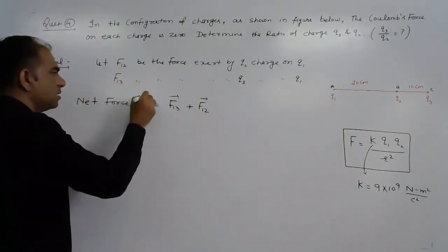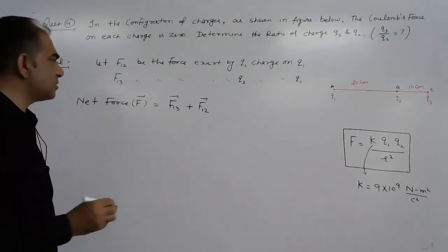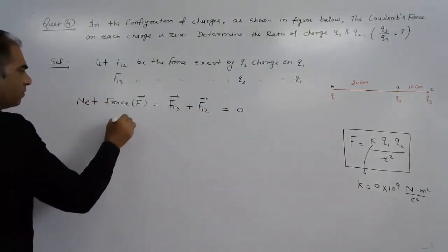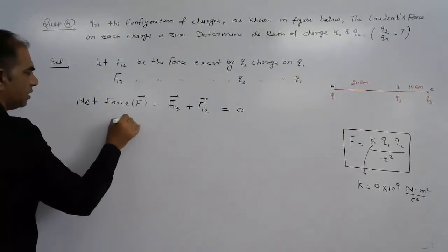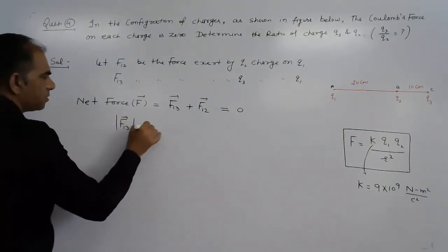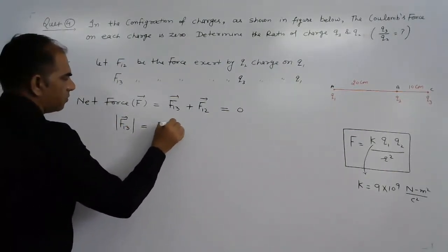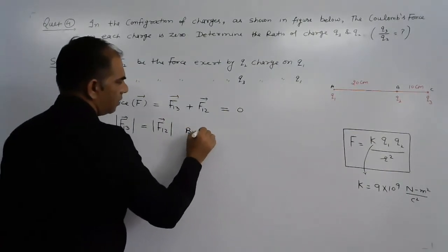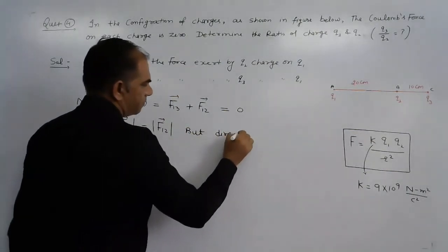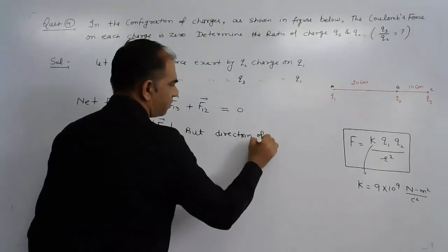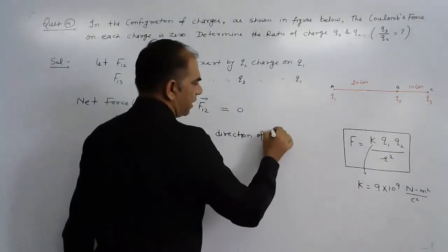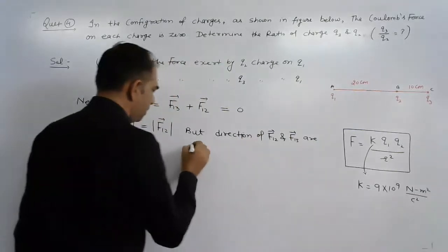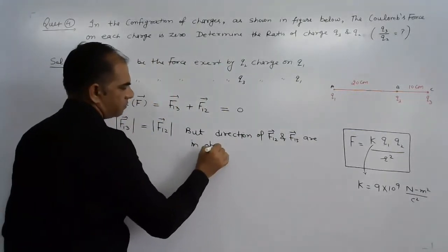We write it this way. Net force is the sum of these, and the condition is that net force is 0. It means that the magnitude of F13 must be equal to the magnitude of F12, but the directions of F12 and F13 are opposite.